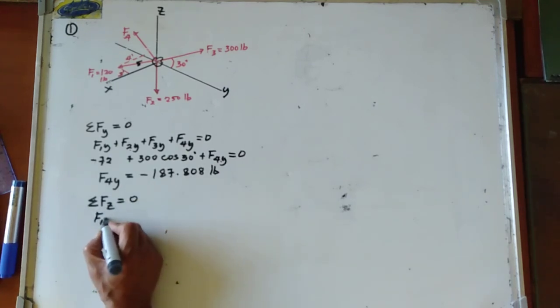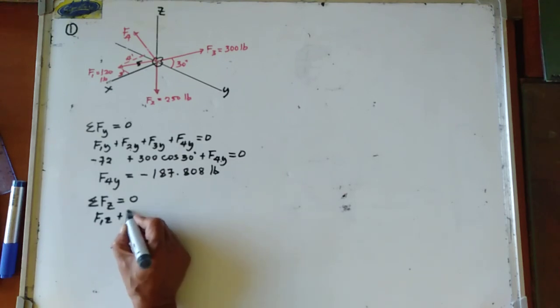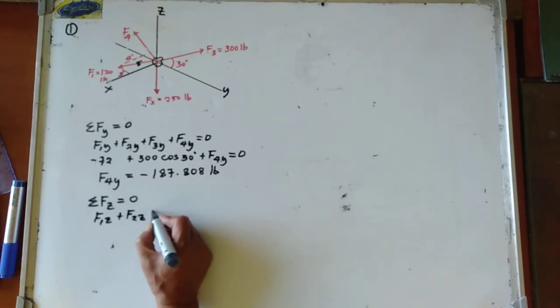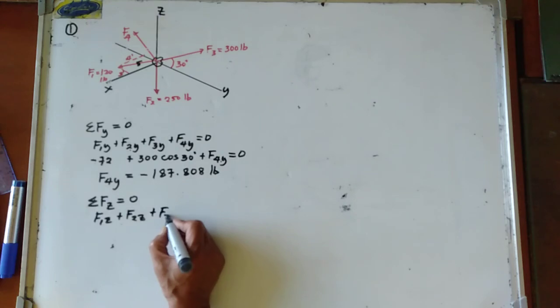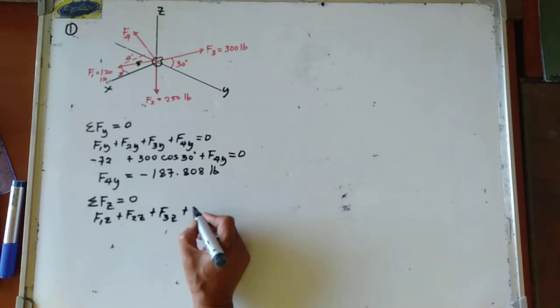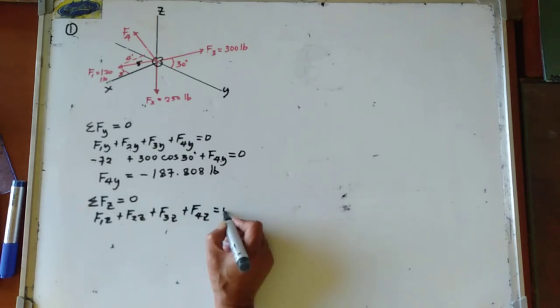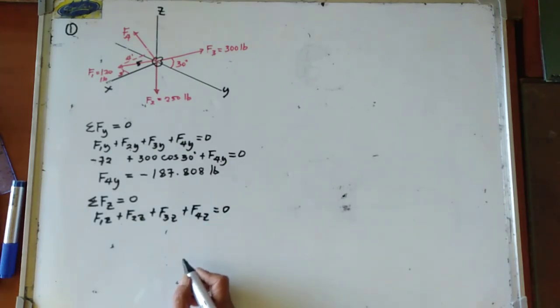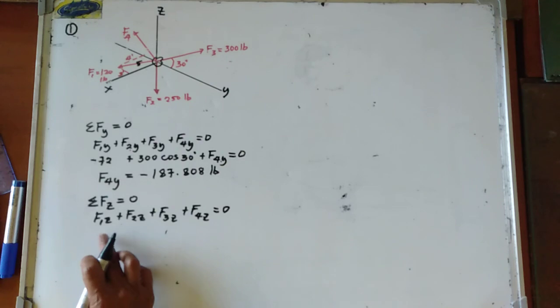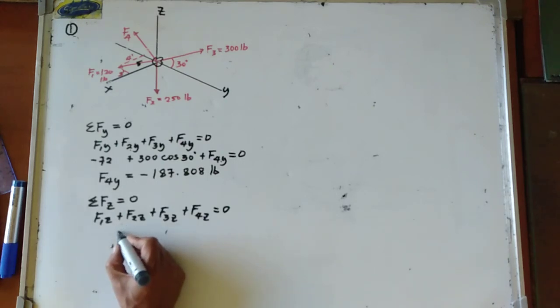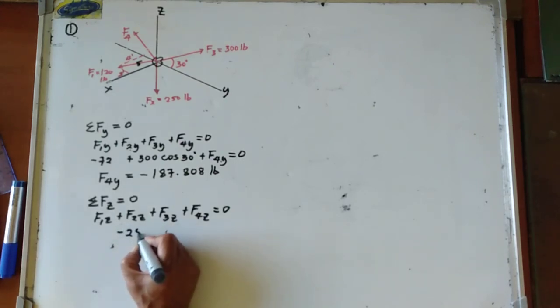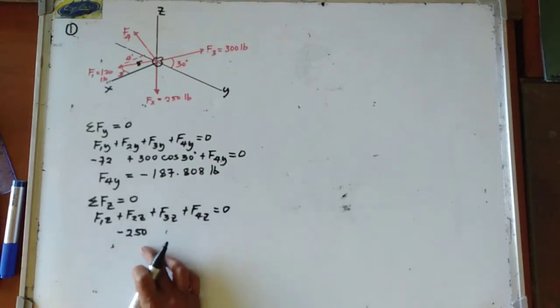And we have summation of forces along the z is equal to 0. So your F1z plus F2z plus F3z plus F4z is equal to 0. Your F1z is equal to 0. Your F2z is equal to negative 250 pounds.